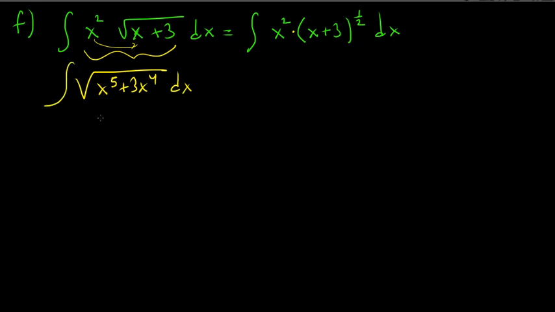But honestly, that doesn't make the problem any easier. In fact, I think it makes it harder. So that's not the way to go here. As far as I know, there's no good way to do that.